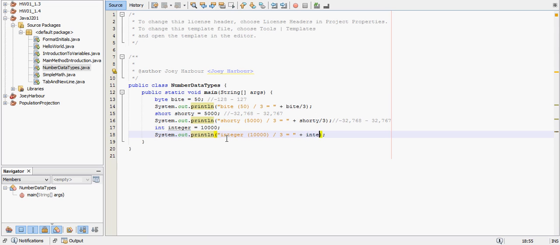So integer divided by 3, and we'll put out here that it's from negative 2 to the 31st through 2 to the 31st minus 1. And that's not 2 to the 30th, you take 2 to the 31st power and subtract 1.